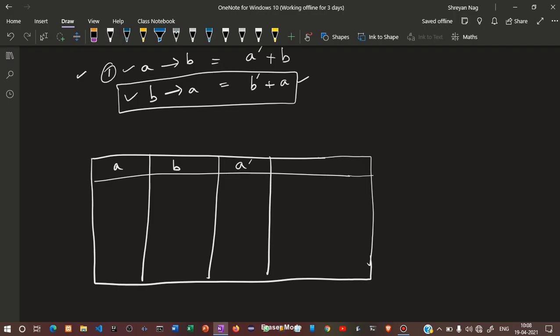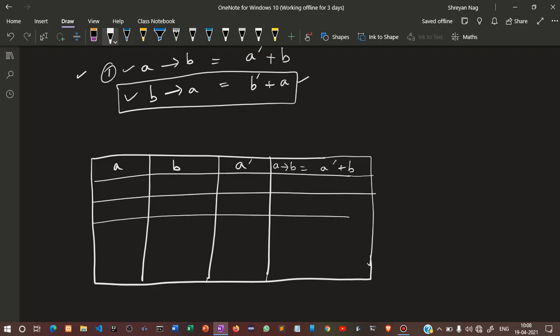Negation of A plus B. Since we have two variables, A and B only, n equals 2, so 4 combinations. So 0 1 0 1, 0 0 1 1.